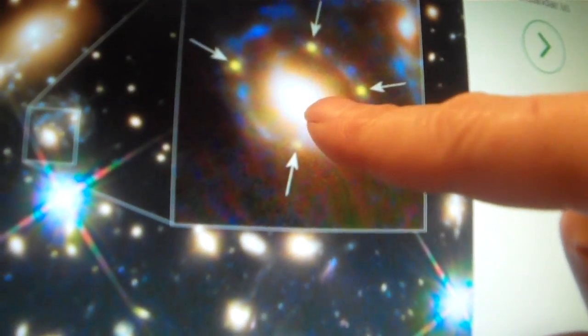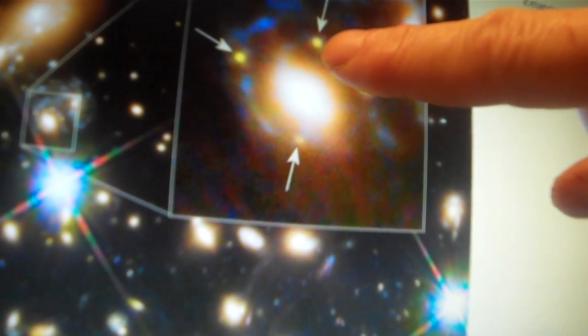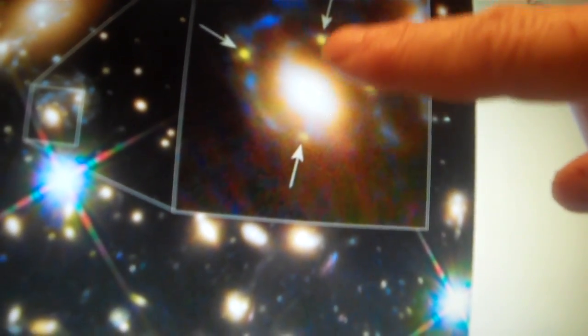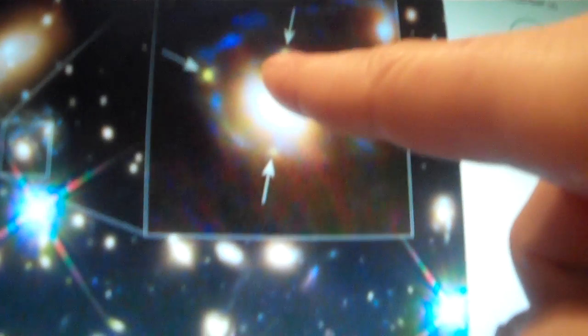If this is a galactic cluster, this may be 100 light years across, so it's 100 light years thick of basically the same exact gravity. It doesn't diminish. We don't see any indication that they're much brighter at the one edge than the trailing edge.